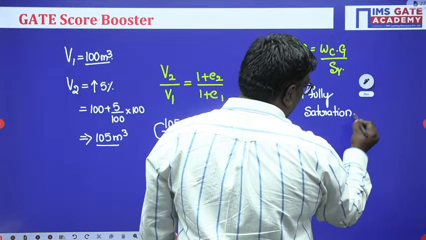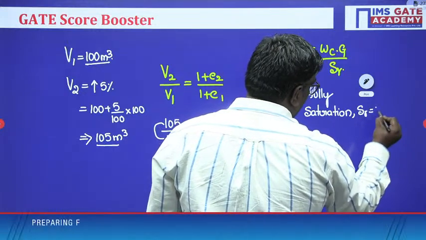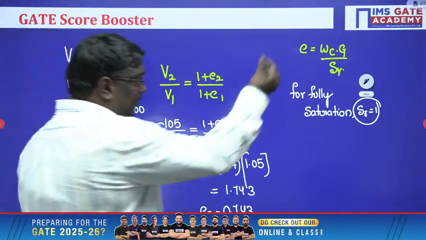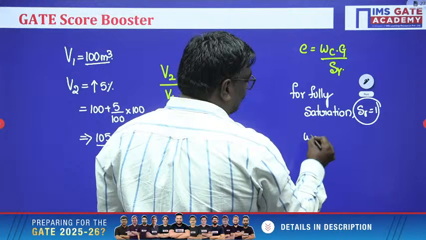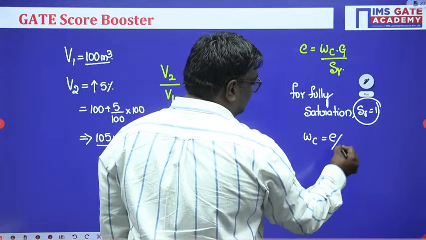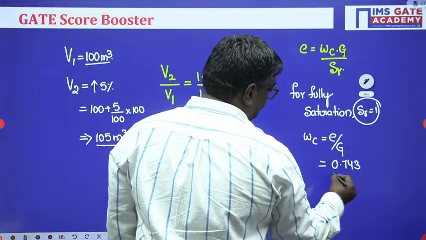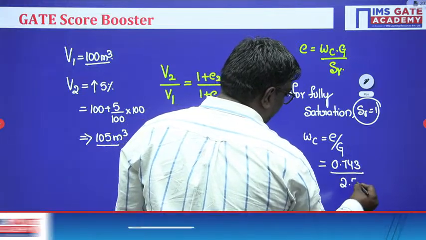The SR value is equal to 1. Okay, for full saturation, SR value is equal to 1. So if I plug in those values, water content is equal to e by G. G is how much, sir? 2.5.